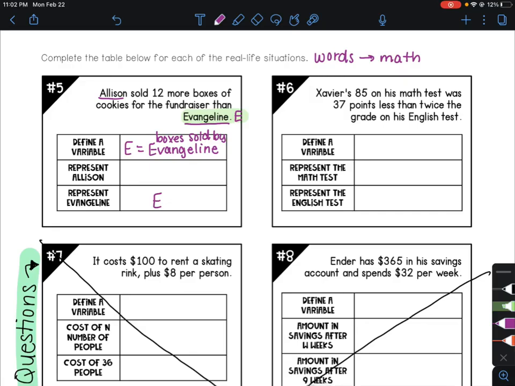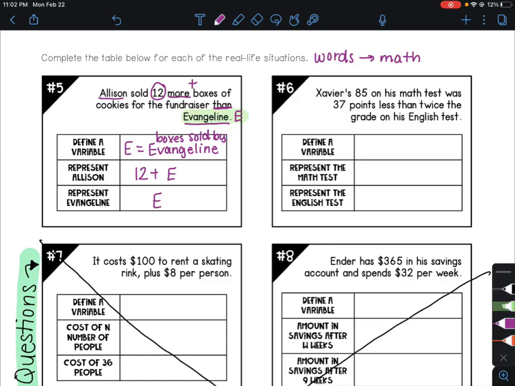Now for Allison, we have to go into the problem a little bit more. She sold 12 more boxes than Evangeline. There's a little extra words in here, but it really just says Allison sold 12 more than Evangeline, meaning 12 plus Evangeline, or 12 plus E. So there we go.